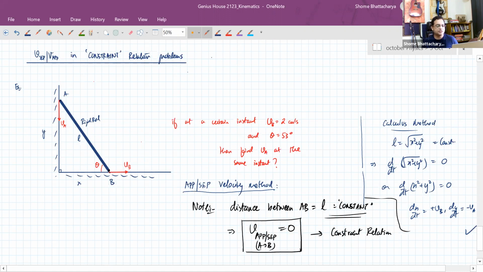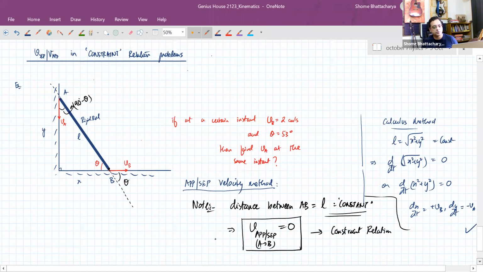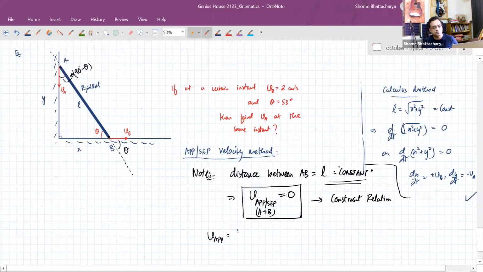And once you have expressed this, you can see life is very simple, because you know how to apply the concept of approach and separation velocity geometrically. You can see that this angle is theta and this angle is 90 minus theta. So directly, if I want to write the approach velocity, you can express it as VA cos(90 minus theta) minus VB cos theta.